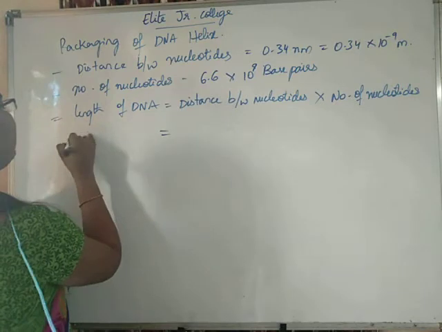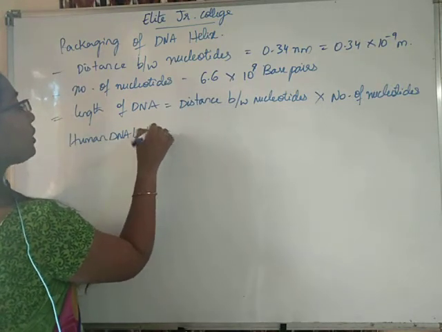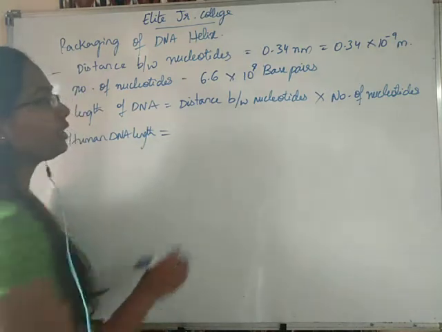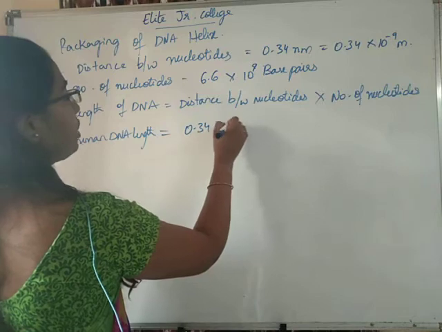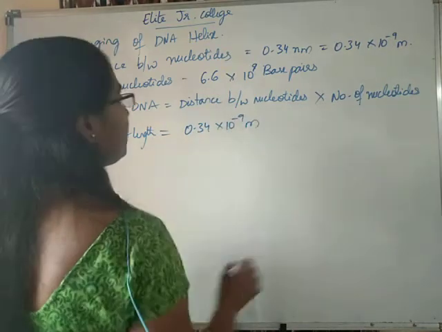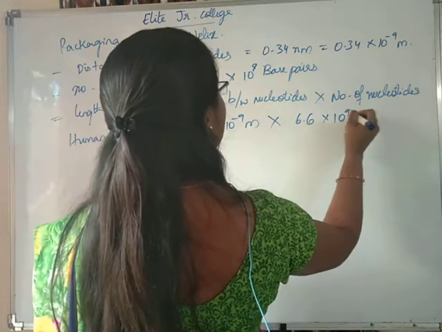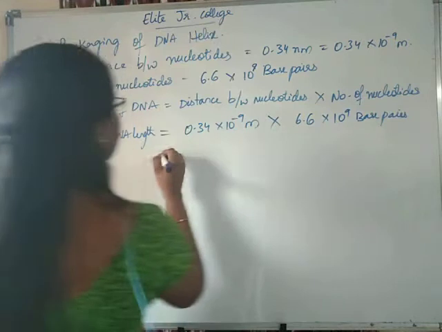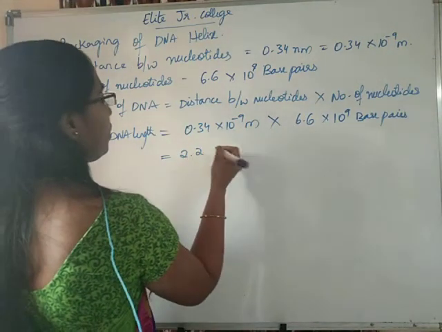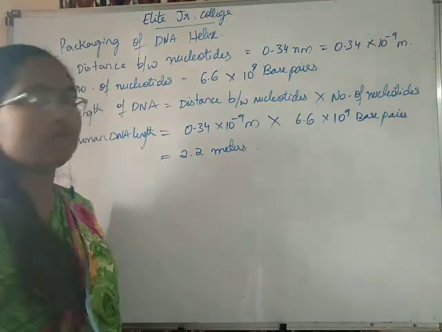The distance between nucleotides is 0.34 into 10 to the power of minus 9 meters, into the number of nucleotides, 6.6 into 10 to the power of 9 base pairs. So, the length of human DNA is going to be 2.2 meters.